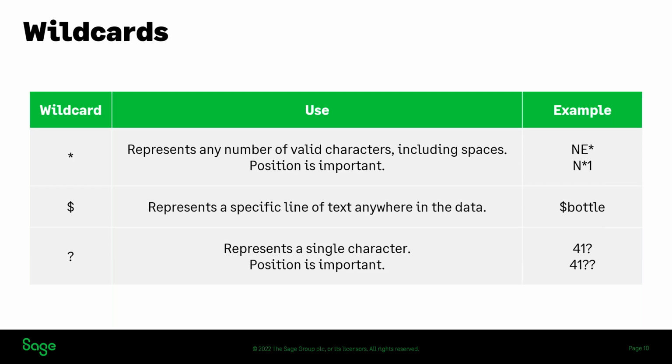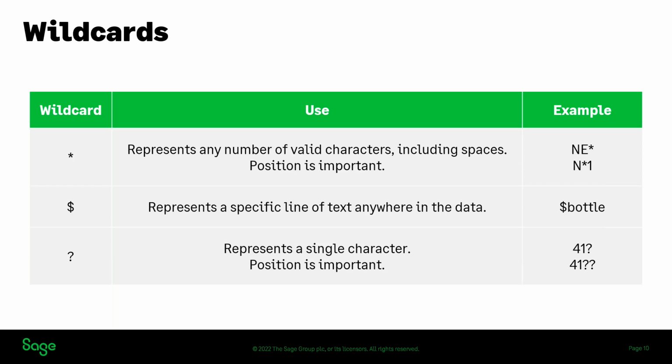But as it mentions there, position is important. So if I did N asterisk and then 1, what that would look for is any postcode beginning with the N, then any string of characters followed by a number 1 on the end. It's quite rare, that second example. You're more likely to use NE and then the asterisk. So it's unlikely that you're going to wrap characters around it, but just to make you aware.